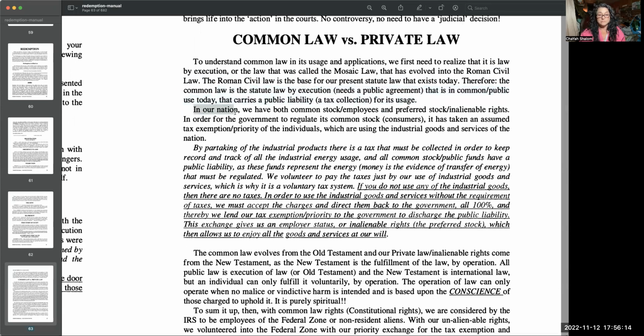In our nation, we have both common stock employees and preferred stock inalienable rights. Let me go over that piece again so that we can let it sink into our heads. In our nation, we have both common stock employees and preferred stock inalienable rights.